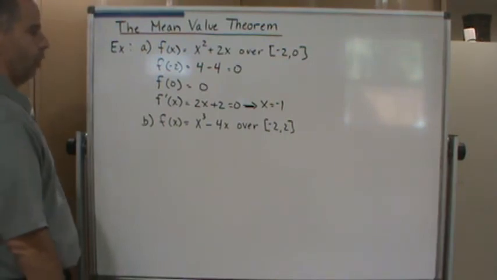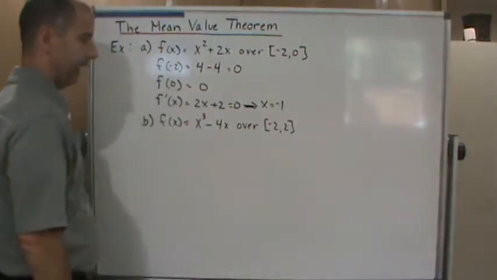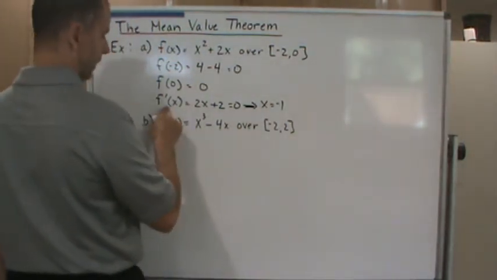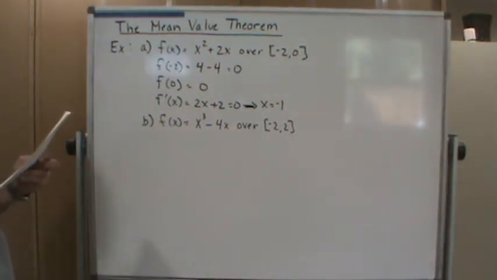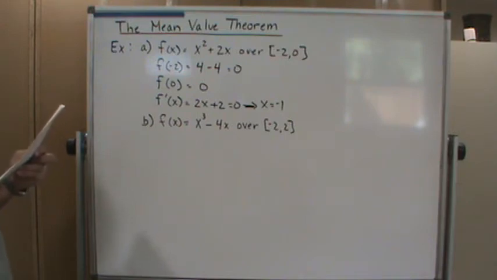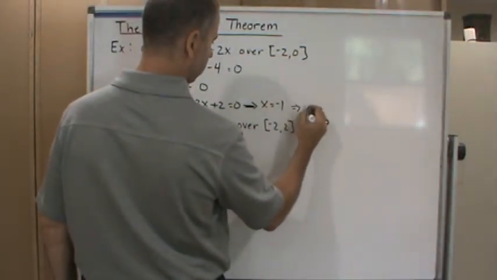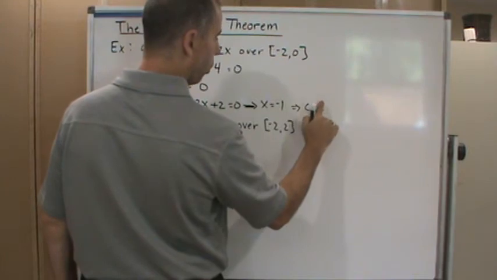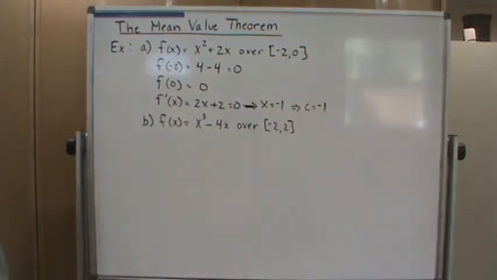Obviously negative 1 is in the interval, and f prime of negative 1 is 0. So our c value, which is a critical value, is negative 1.